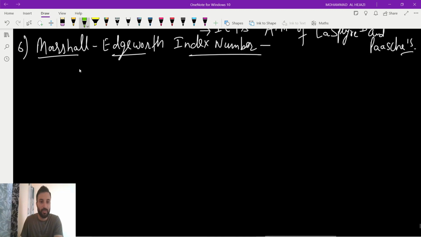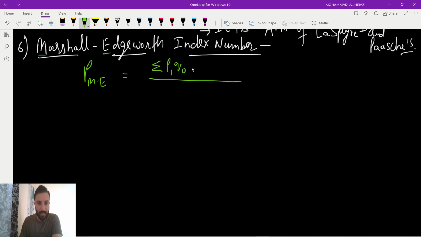So the Marshall-Edgeworth price index number is P ME. See the very easy formula. You have the PL formula, right? So we'll write the numerator of PL plus the numerator of PP.